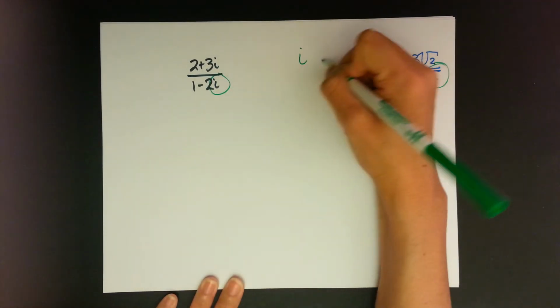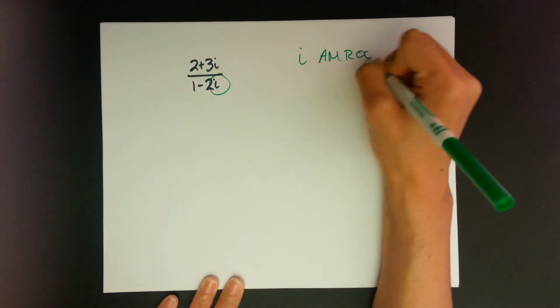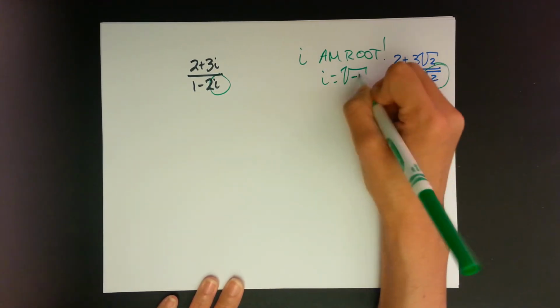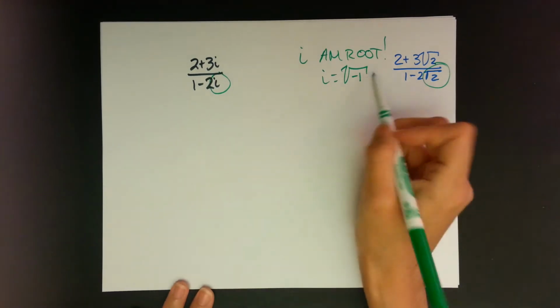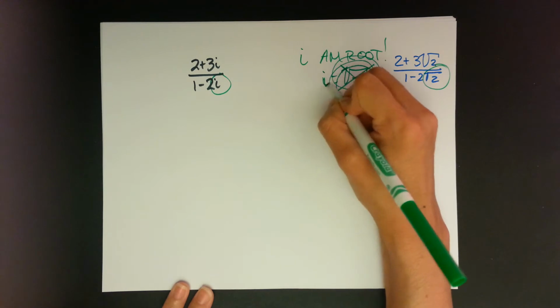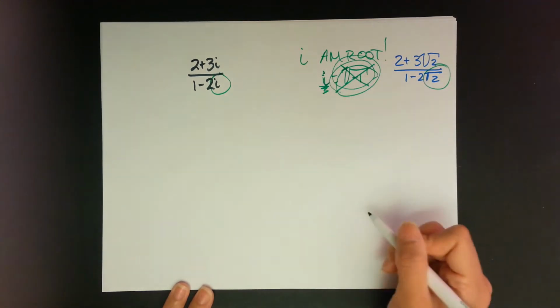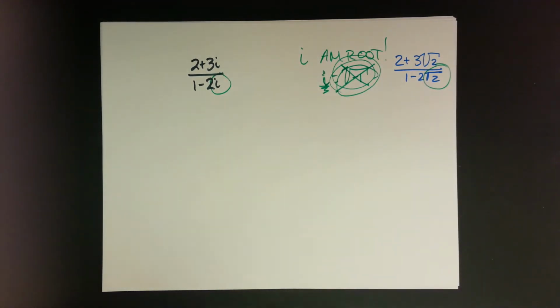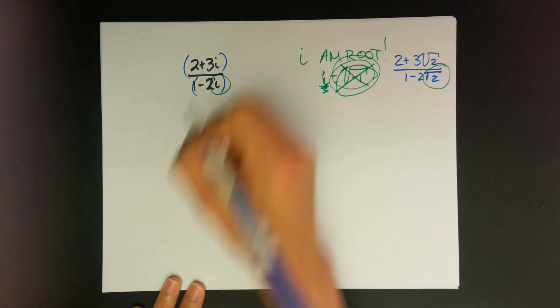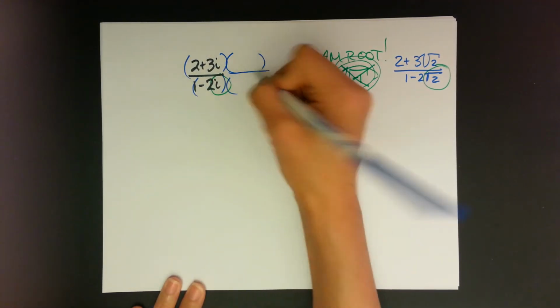Why? Because i is a root. In other words, you know i is the square root of -1. Now you're never going to write this anymore, but you're going to realize that i is a root, so you don't want to leave it in the bottom. So you're going to multiply by that concept we just learned, the complex conjugate.